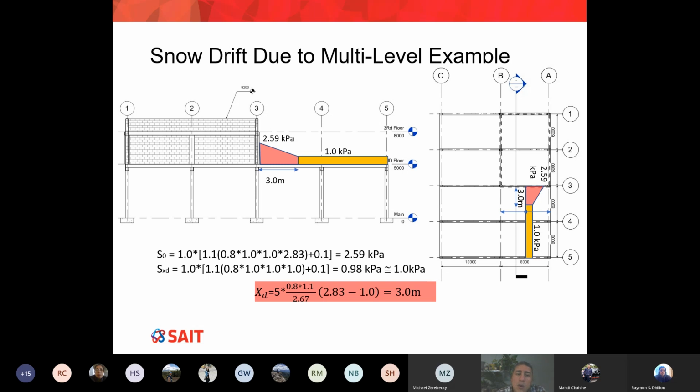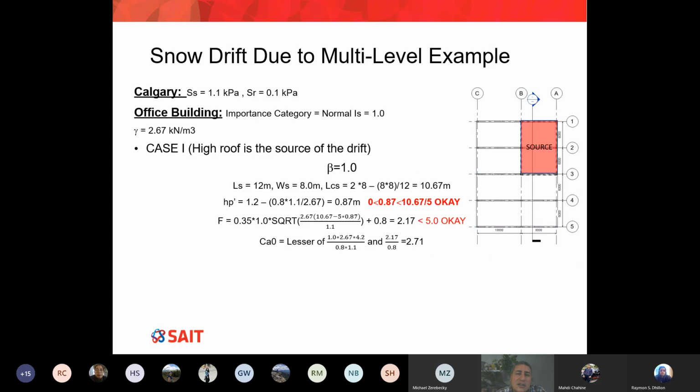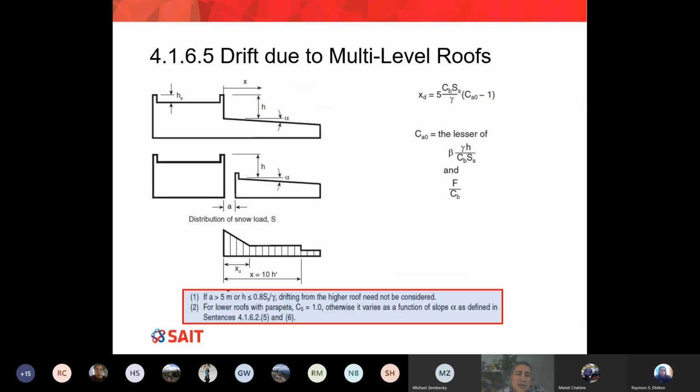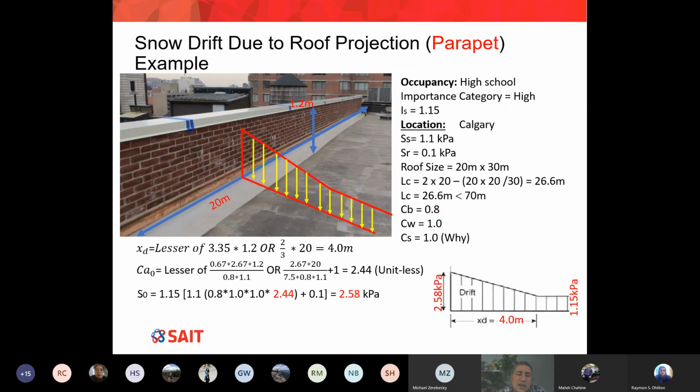But remember, the way we estimate the snow accumulation for the parapet is not the same as the snow accumulation from the multi-level. A multi-level is more complicated. You have to do case 1, case 2, case number 3. For a parapet it is very simple, same as this one here, okay?